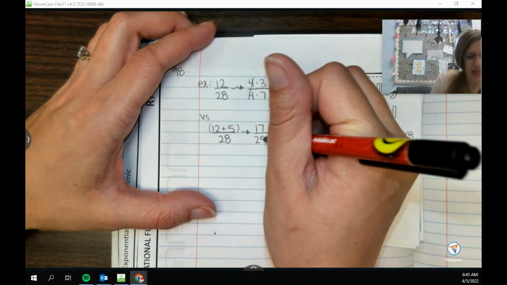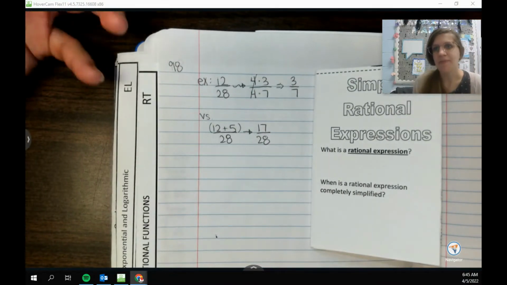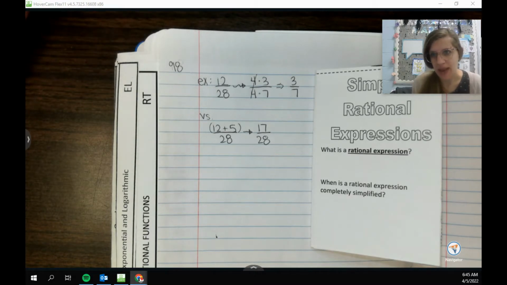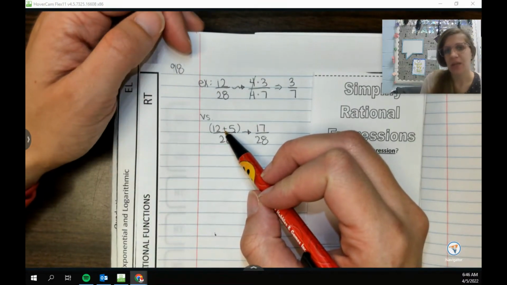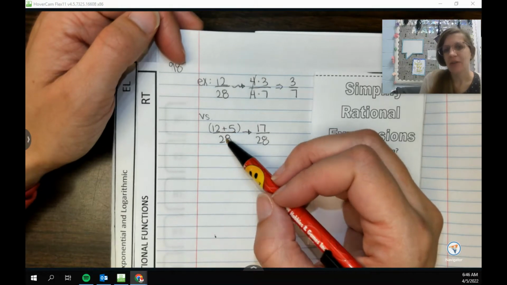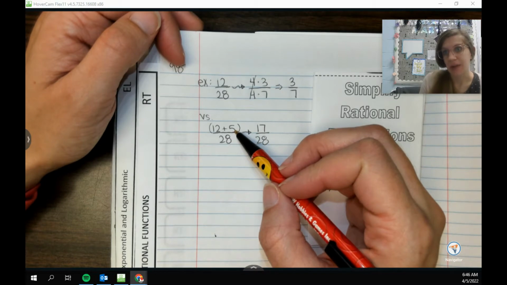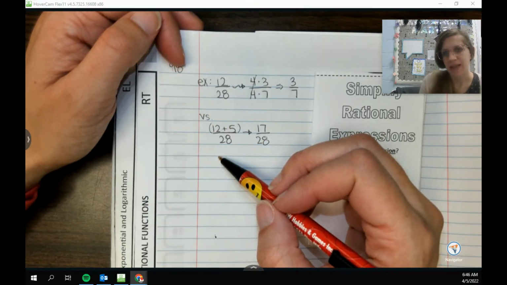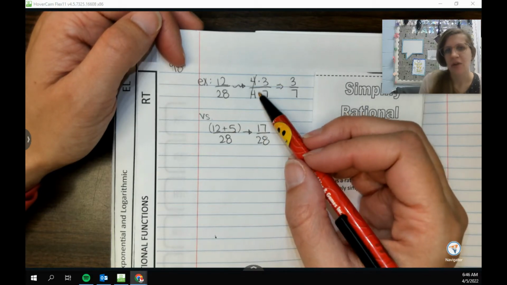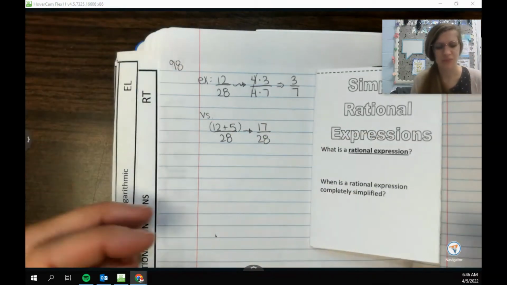Once I've done that, I can't simplify because 17 is prime, so I can't split it up in any way to divide out a 1. So if there are addition or subtraction symbols in between, I can't simplify one number with another if I can't also do it with the other number, like the 5. I have to add those things before I'm able to divide things out. I can only simplify when there's multiplication in between, not addition or subtraction.